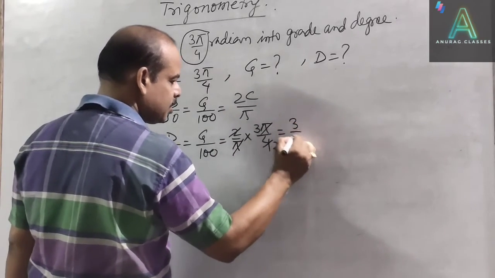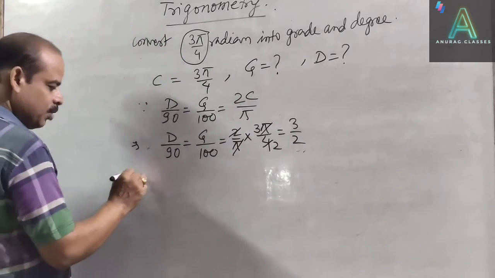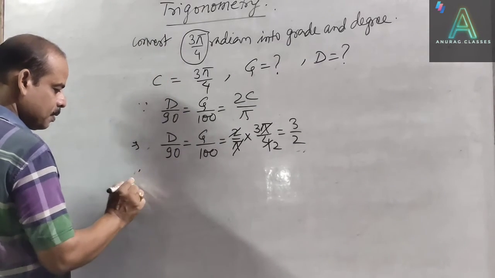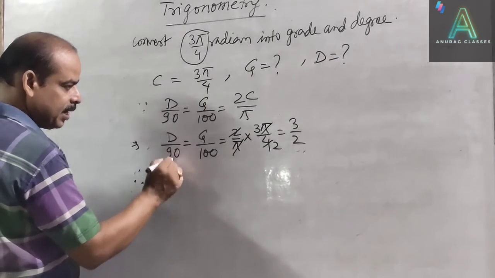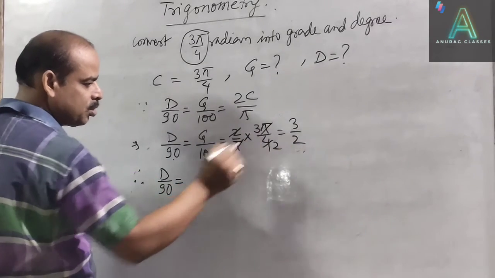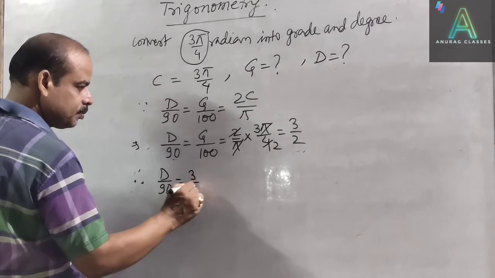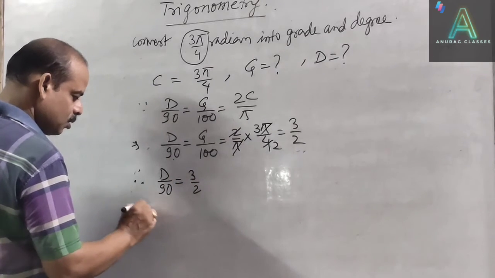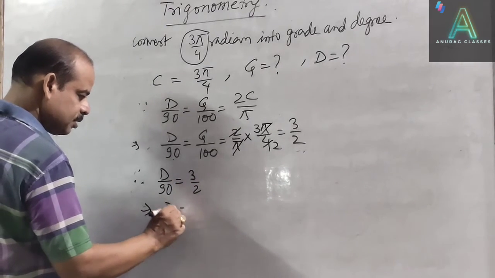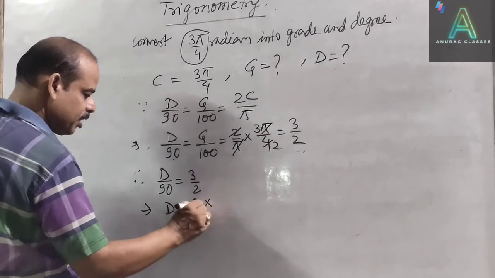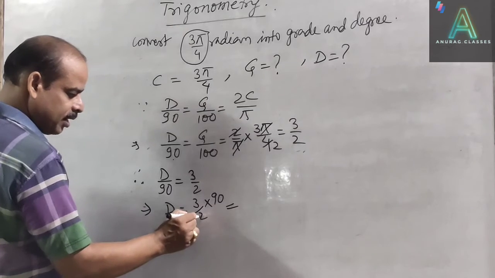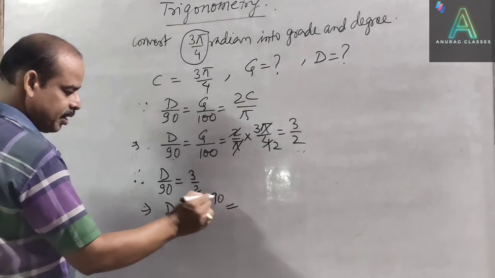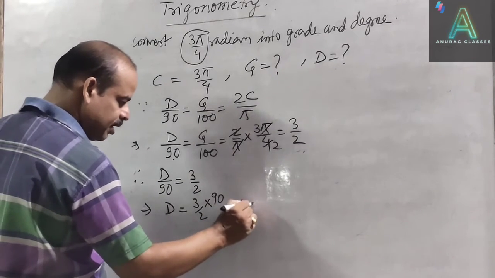So it is 3 by 2. Now take d by 90. D by 90 is equal to 3 by 2. So what is the value of d? It will be 3 by 2 multiplied by 90, and very easily you can conclude that 45 2 is 90 and 45 3 is 135 degree.